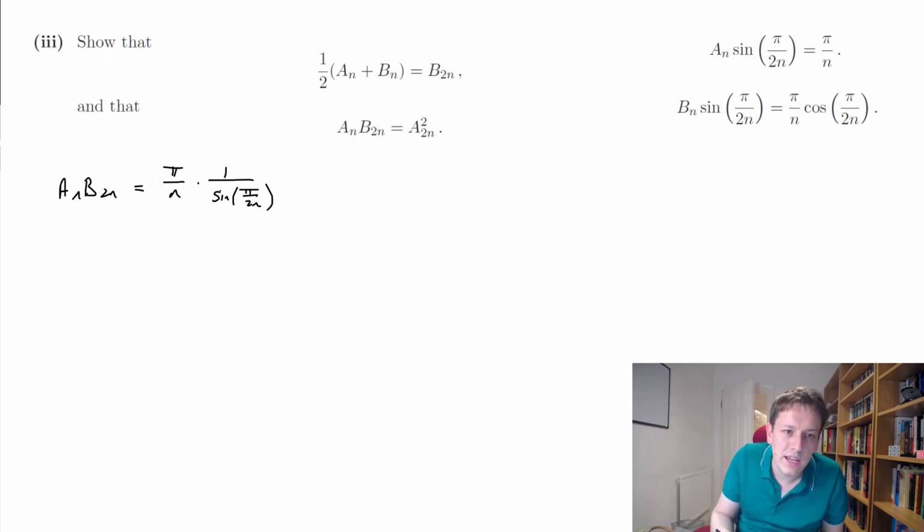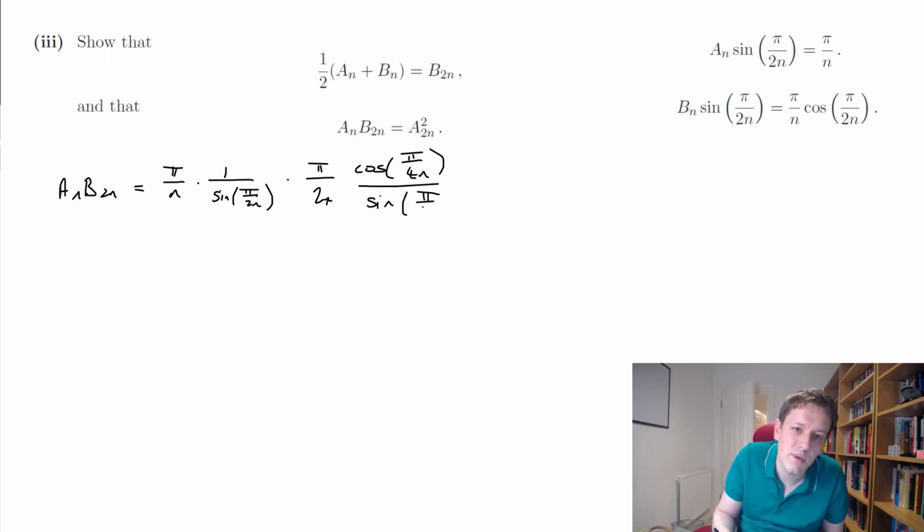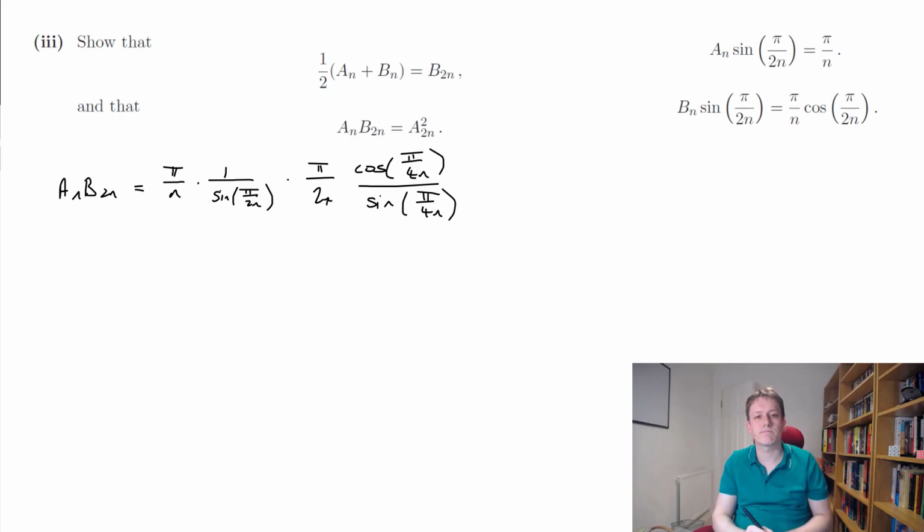And then for the b2n, I'm going to write that as pi over 2n times cos of pi over 4n over sine of pi over 4n, which again is just this with 2n in it, exactly as I'd written down on the previous slide.